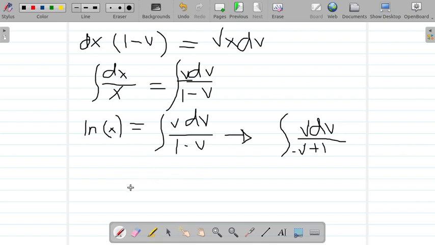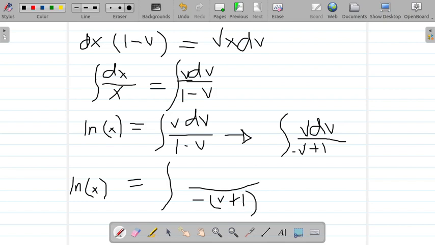So, integral of ln of x (1 minus v plus 1) over v plus 1 minus 1 dv.